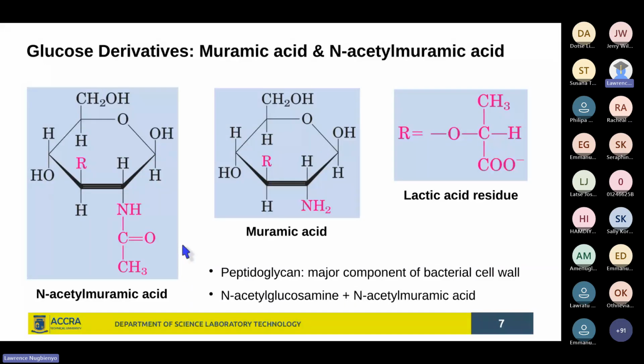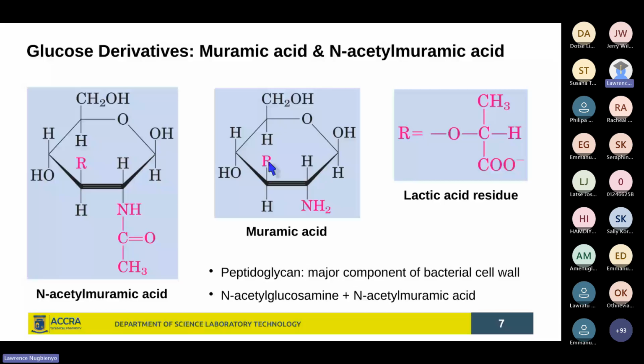First, we look at muramic acid, at the center. Just like glucosamine, on carbon number 2, muramic acid has the amine group in place of a hydroxyl group. But in addition, on carbon number 3, there is another substituent depicted as R, and that R is actually a residue from lactic acid. So that is a lactic acid residue.